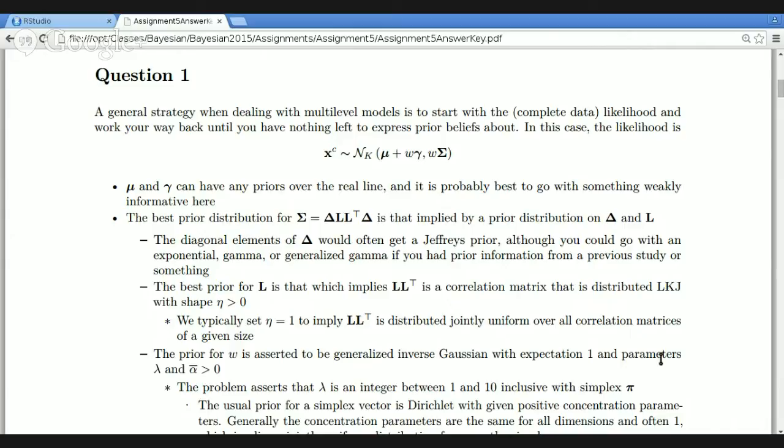So that, working our way out, that pushes back the question, well, what are our prior beliefs about delta and about L? For delta, these are standard deviations, kind of.